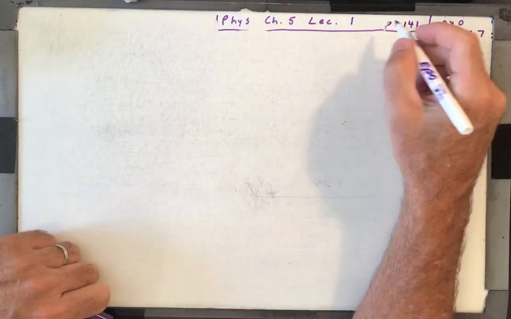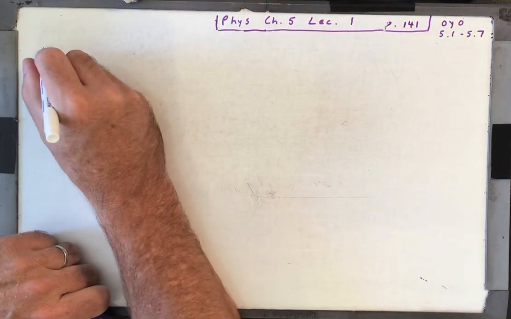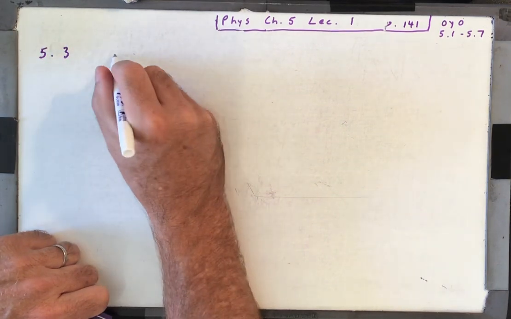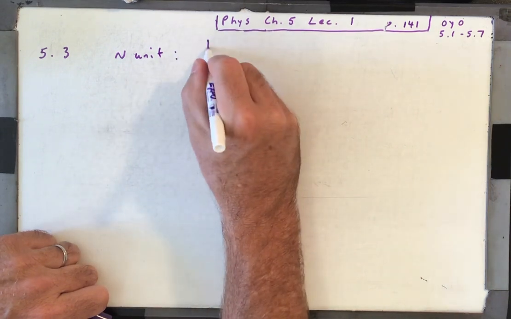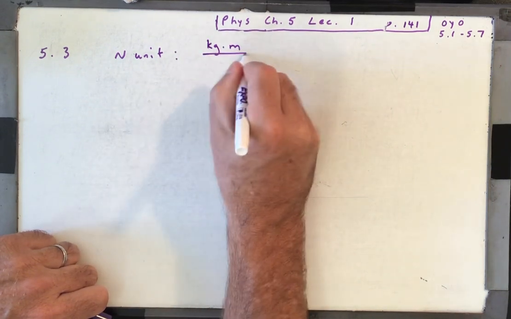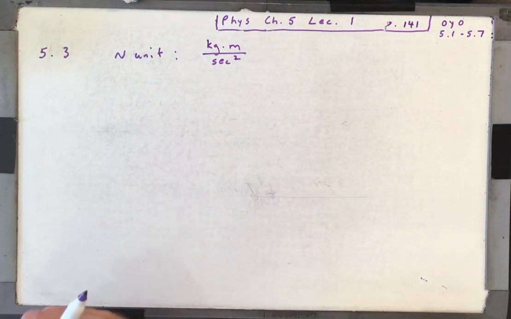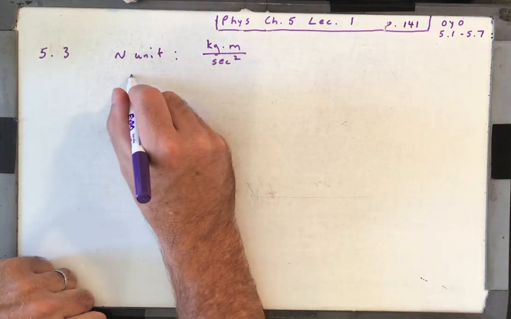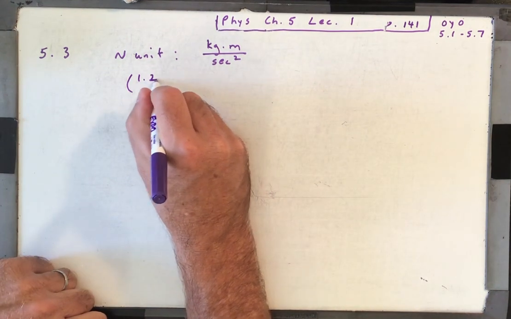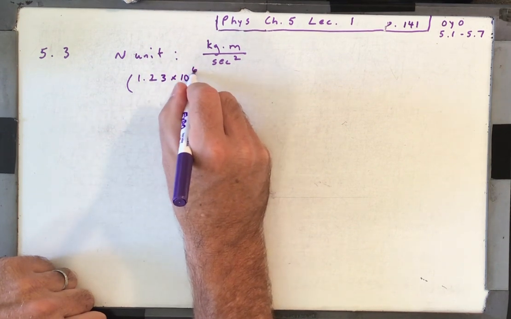Remember, the Newton unit is kilogram meters per second squared. So we're going to have to get grams to kilograms. So let's do that real quick. You could probably just do this in your head, but I'll do the factor label method. That's 1.23 times 10 to the 6 grams.